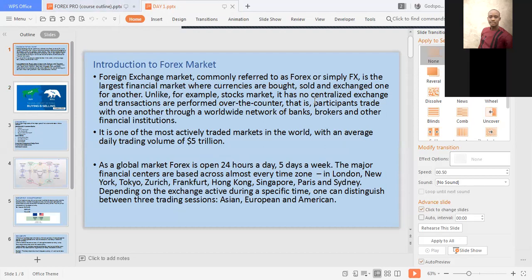Participants trade with one another through a worldwide network of banks, brokers, and other financial institutions. It is one of the most actively traded markets in the world, with a daily trading volume of $5 trillion.